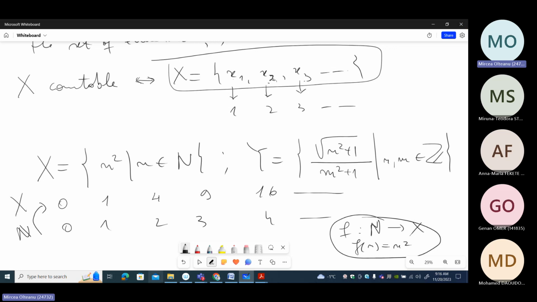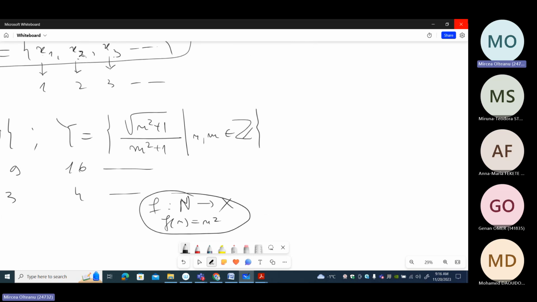What about Y? Is it countable or not? Yes, it is countable, because one can associate to the element (n plus 1) over (m squared plus 1), for example, the rational number m over n. This is a bijective map from our set Y to the set of rational numbers, which, as we must know, is countable.